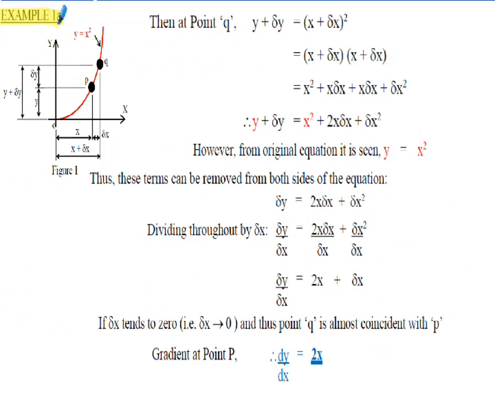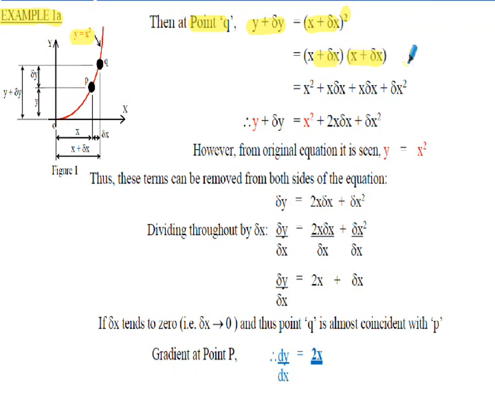Example 1a continued. So therefore, point Q can be defined in its x and y terms as y plus delta y on the left hand side is equal to x plus delta x squared, because the function we're looking at is y is equal to x squared. If I expand the brackets on the right hand side, don't forget x plus delta x squared means x plus delta x multiplied by x plus delta x in the brackets.